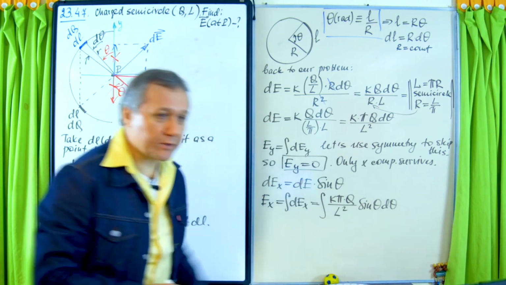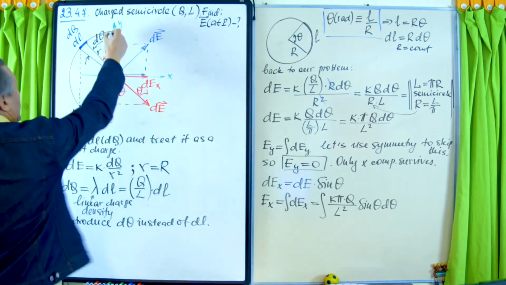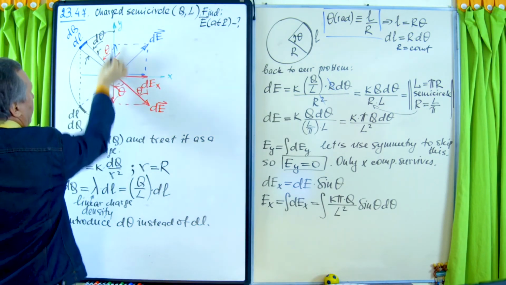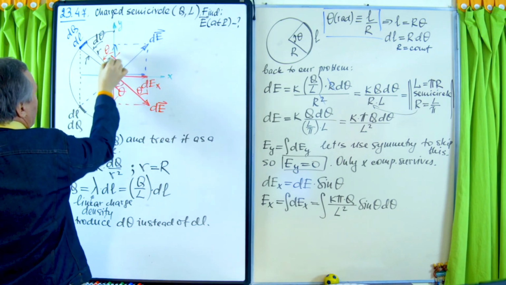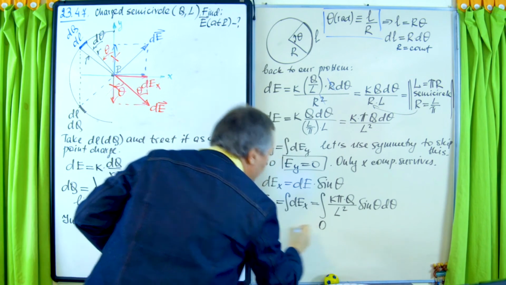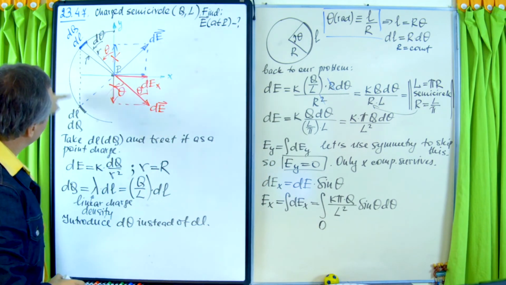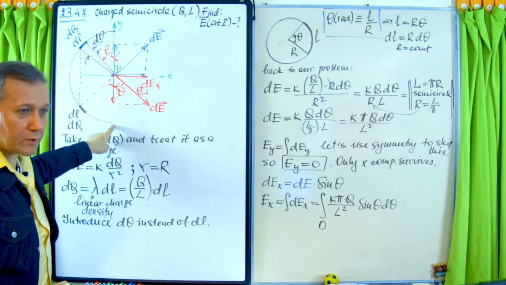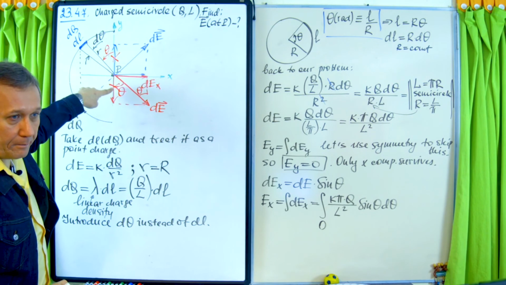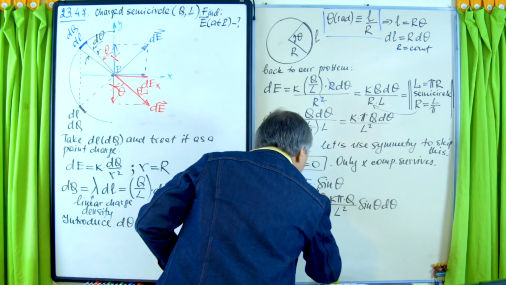For the limits of integration, we measure angle theta from the vertical, from the positive y direction. So when you are here, angle theta is 0, so the lower limit is 0. When you get to the end of the rod, the angle is pi. So the limits are from 0 to pi.